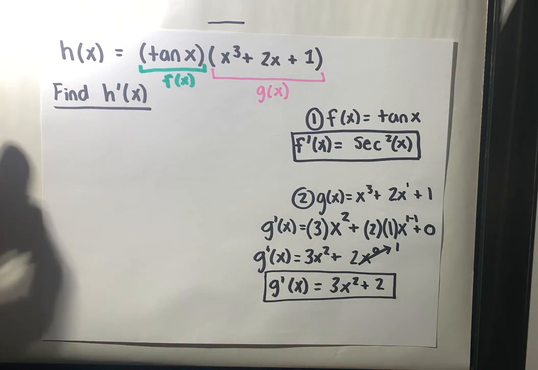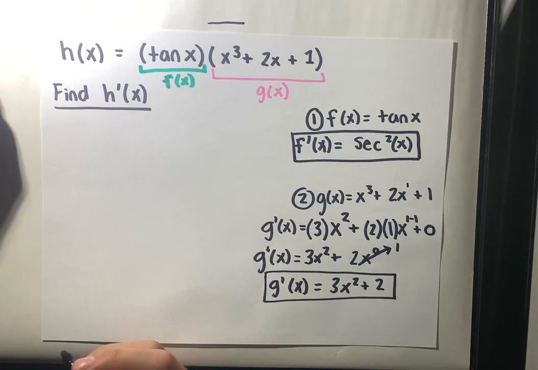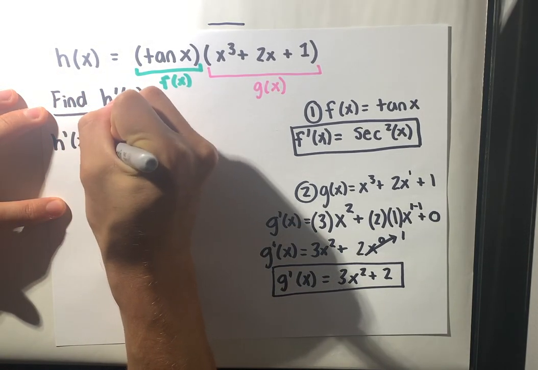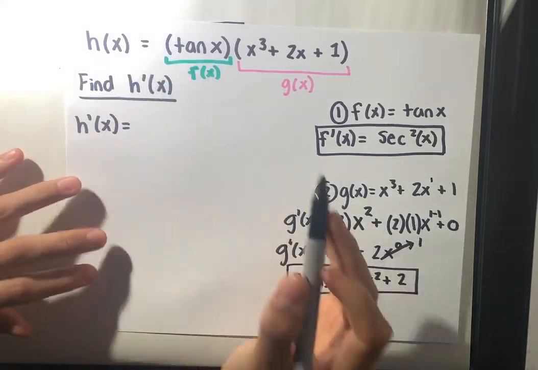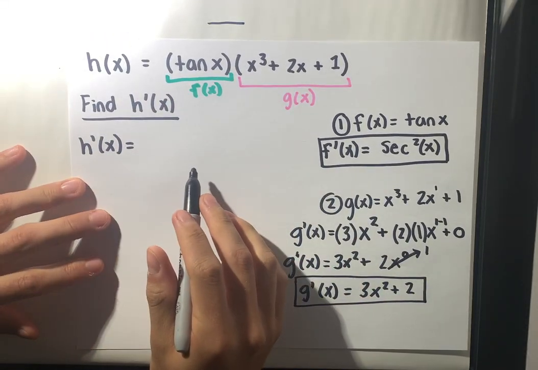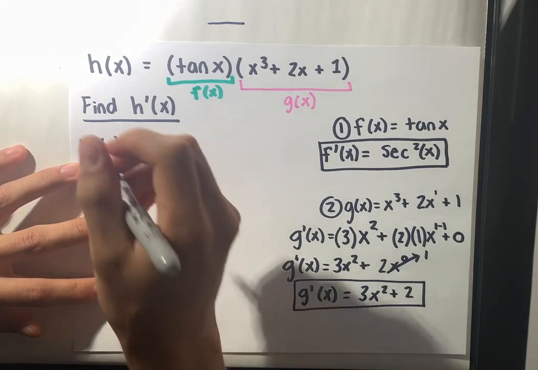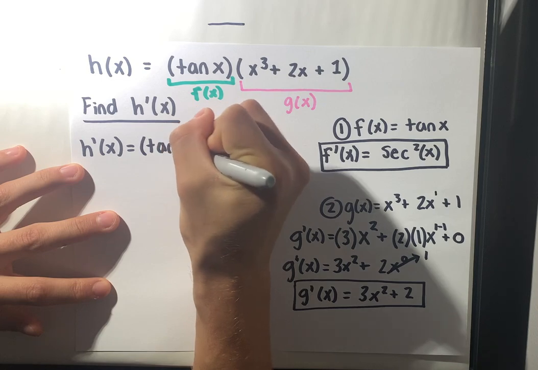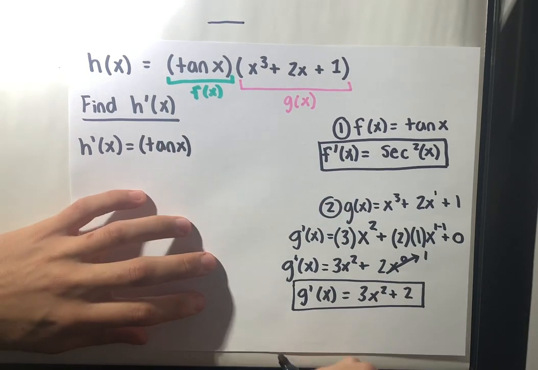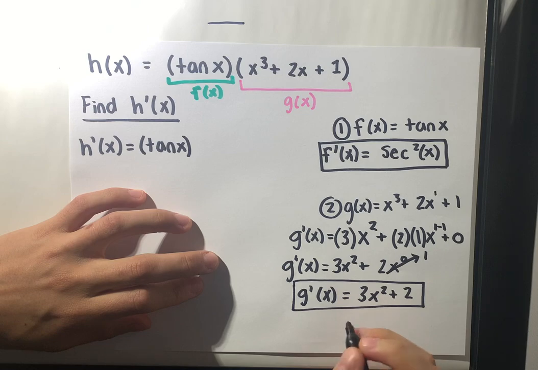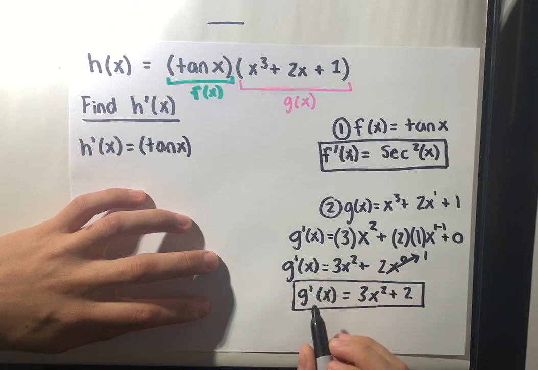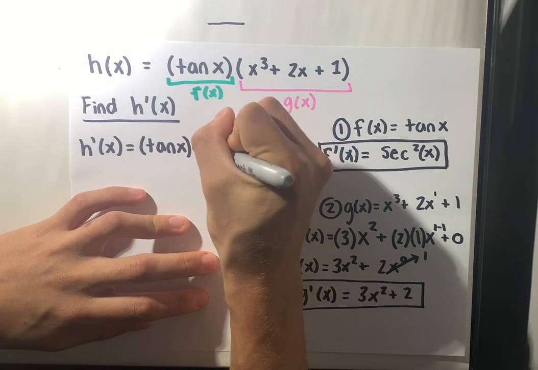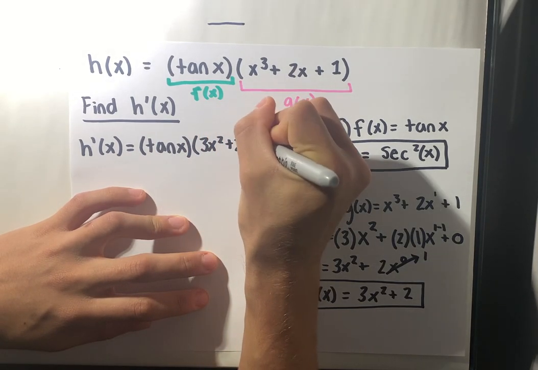Now let's go ahead and plug that into our formula. And if you don't remember our formula, I'll help you guys out. So the derivative of h at x, h prime at x, is equal to the original first function, tangent of x, multiplied by the derivative of the second function, or the derivative of g at x, which is going to be right here, 3x squared plus 2.